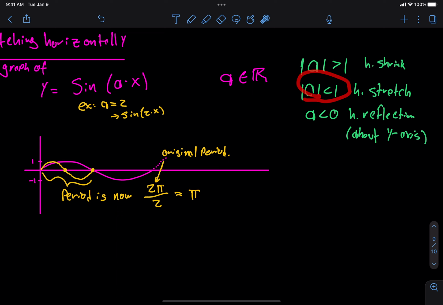We think a big number makes it bigger, but when we're on the inside, we're in opposite world. Big numbers are going to cause our graph to shrink in the horizontal direction. And likewise, small numbers, which are less than 1, are going to give us horizontal stretches. Okay, horizontal stretches. So let's see an example.